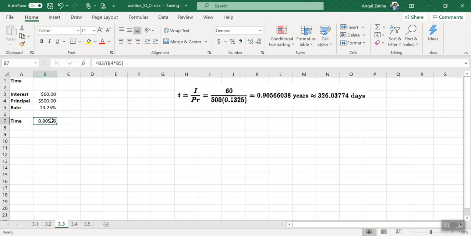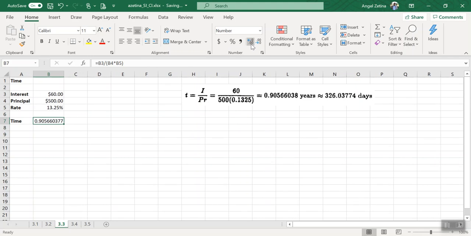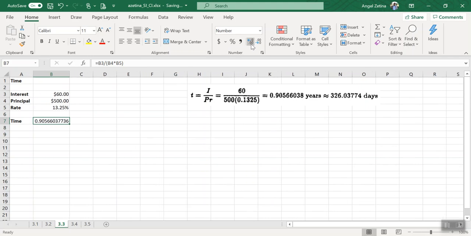Now notice that in this case we get 0.90566. If we increase the decimal, we're going to notice that we still don't get something that looks realistic. But what this really represents is 0.90566037736 of a year.